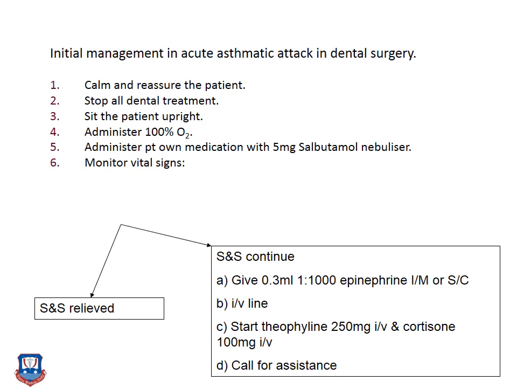The last step is monitoring of the vital signs. If the signs and symptoms of the asthmatic attack are relieved, then good. It's always better not to continue with the treatment on that same day. You can recall the patient and do the treatment in further appointments.